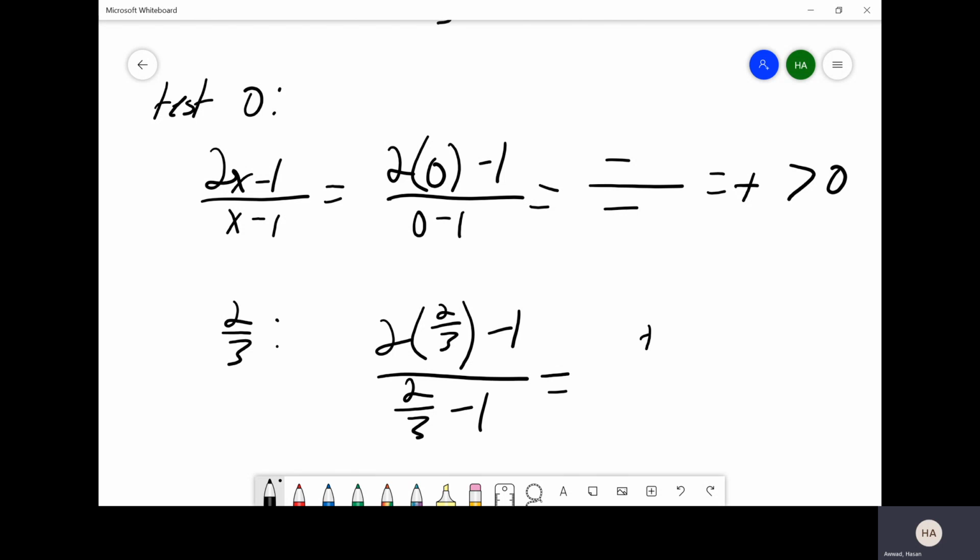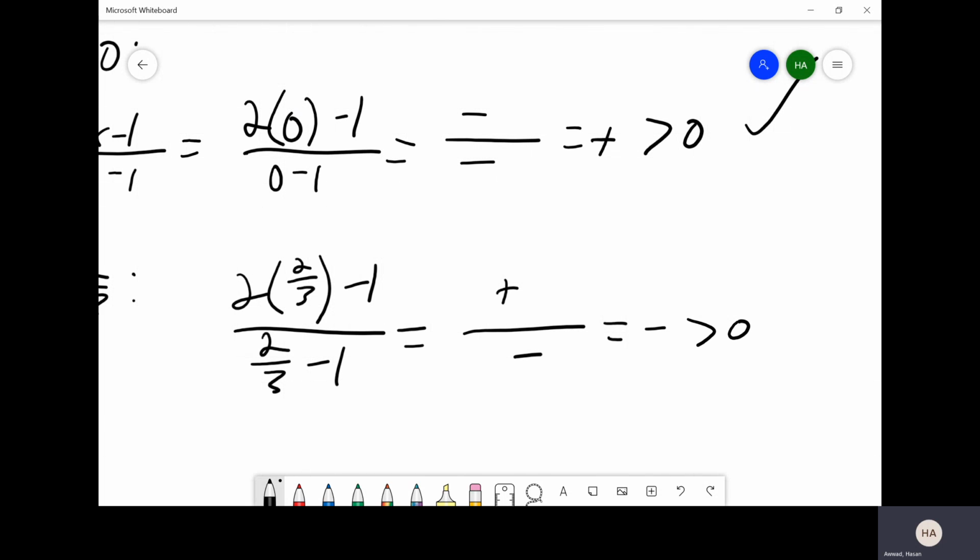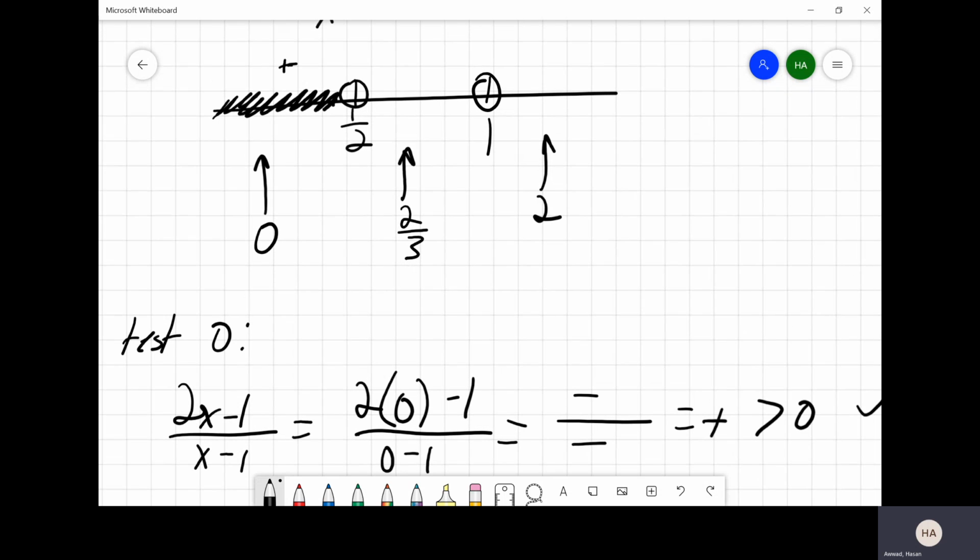You know you're going to get a positive number up top. Again, feel free to double check the math. I always tell you guys, if you can't see the sign immediately, just actually do the numbers and then you'll get the signs, right? So now we get 2/3 minus 3 over 3, and that's really just a negative number. So we know we get a negative number, and is a negative number greater than 0? No, right?